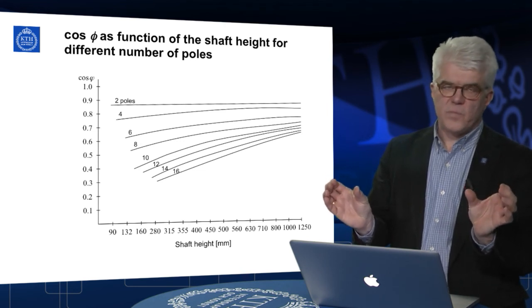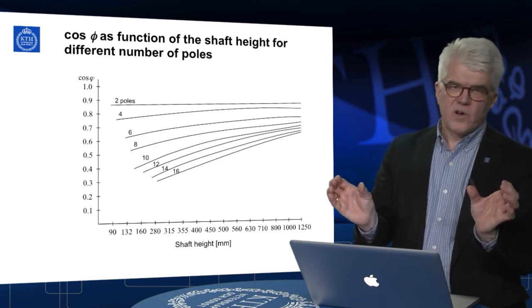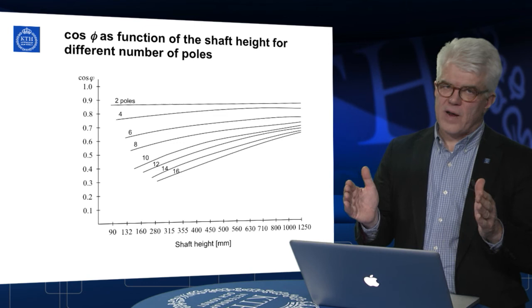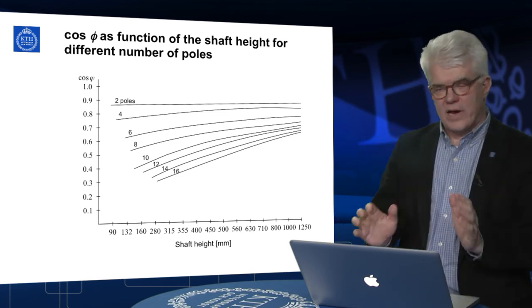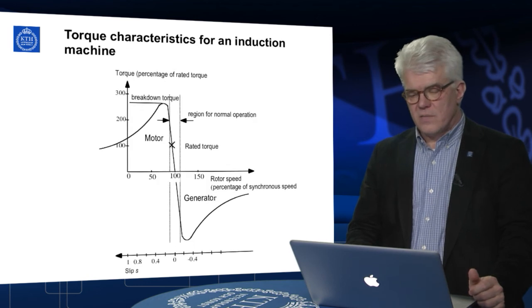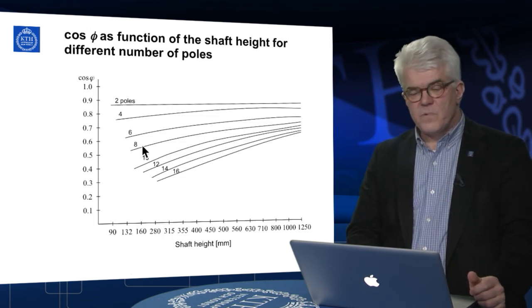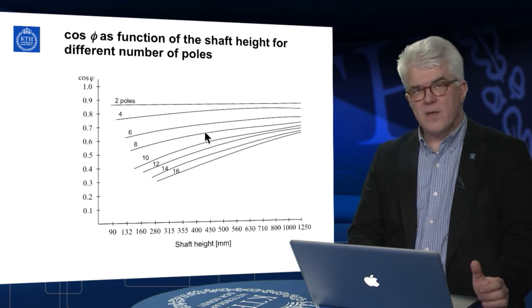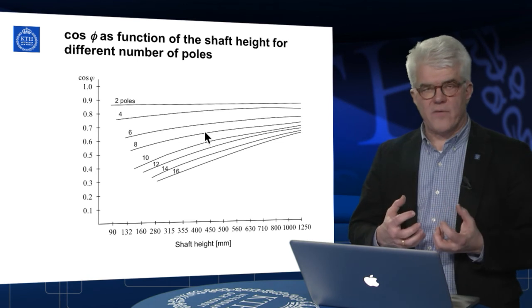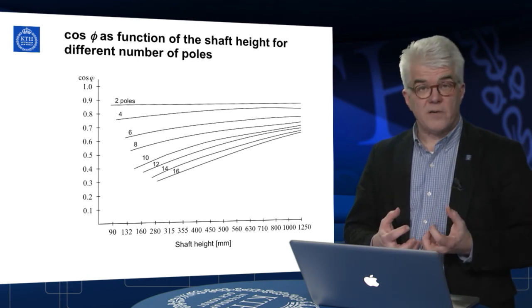So 2 poles is not as attractive as a traction motor. So normally we go for 4 poles and perhaps 6 poles. Hardly higher numbers than 6 poles, because if you go to 8 poles, you will have a cosinus phi down to perhaps 0.6, 0.65, forcing us to have a pretty much bigger 3-phase inverter feeding the motor.